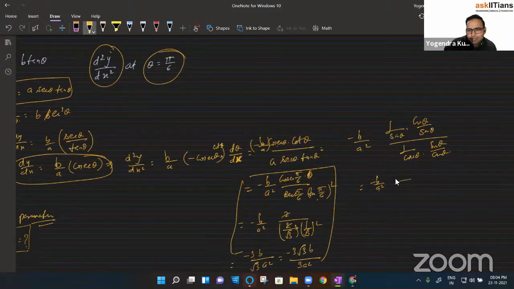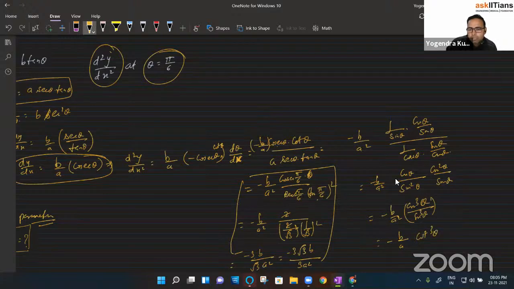Sine square theta, cos theta. Then here, cos square theta by sine theta. That is what you were saying, right, Prithvi? It is becoming cos cube theta by sine cube theta, and this is minus b by a cot cube theta. Perfect, right?